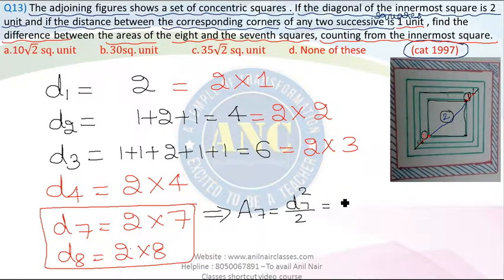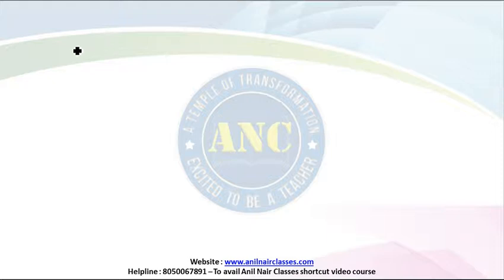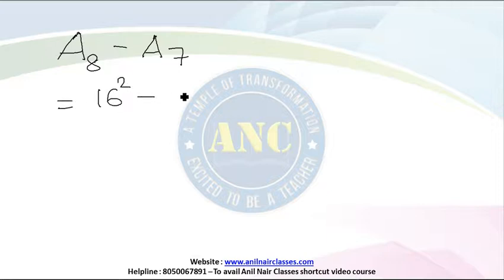Similarly, area of the 8th square is diagonal 8 squared by 2, that means 16 squared divided by 2. But the question says I want to find the difference between A8 and A7. A8 is 16 squared by 2. A7 is 14 squared by 2.